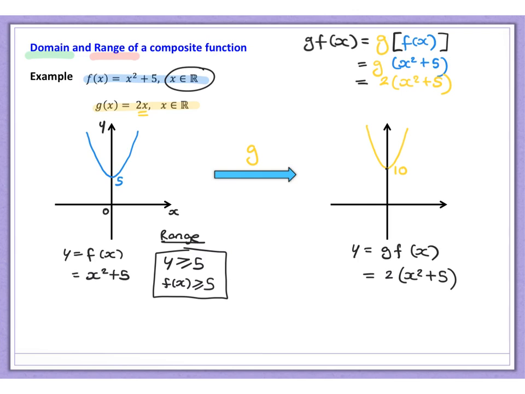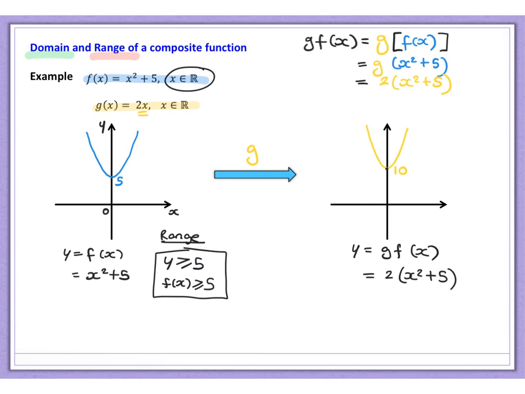Now, g then acts on f of x. So the domain of g(f) of x is x can be any real number. But the range of g(f) of x is y is greater than or equal to 10.